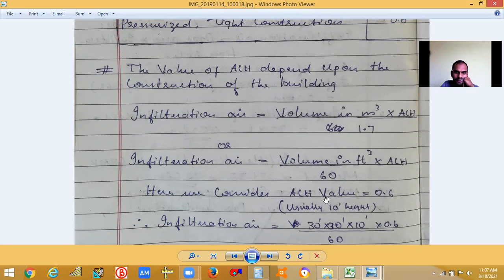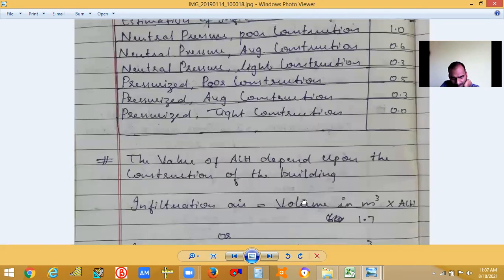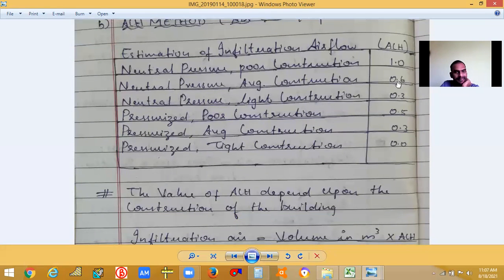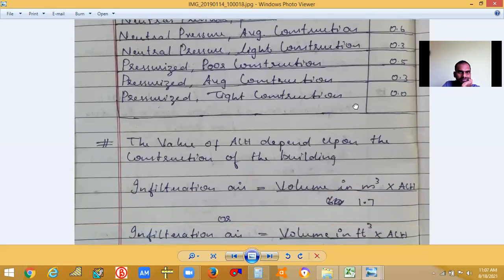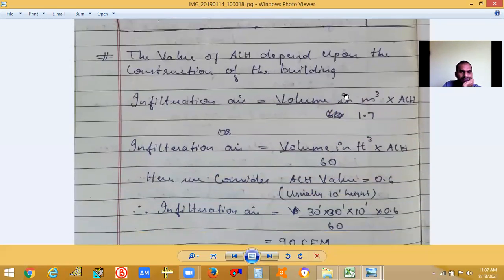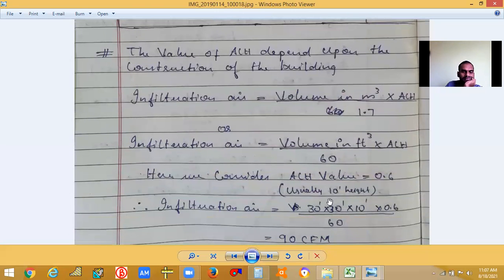And here we consider the ACH value as 0.6. Here we have considered ACH as 0.6 depending upon this construction. So with respect to 0.6, just find what the infiltration CFM is. We are dealing with infiltration only.